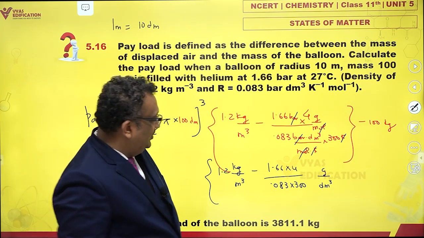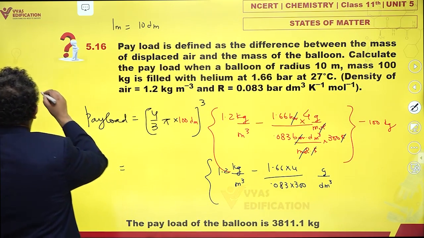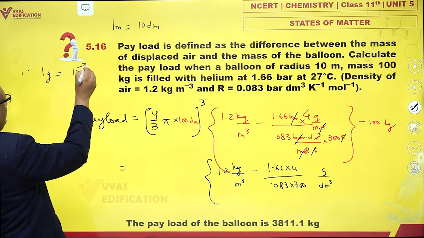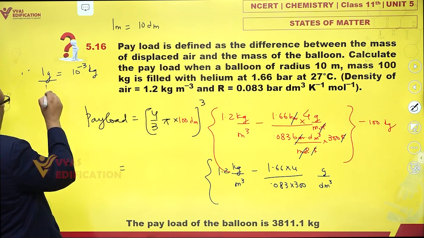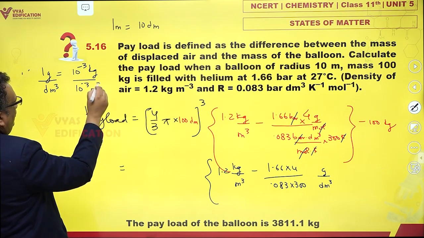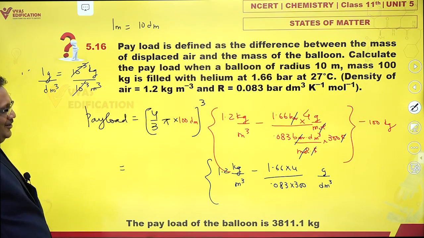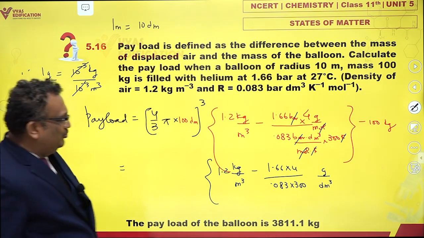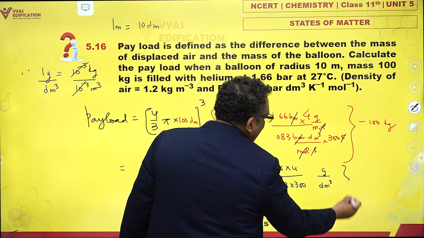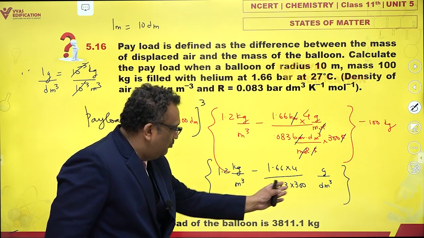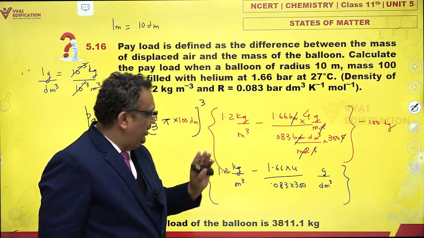Now 1 gram is 10 to the minus 3 kg, or decimeter cube is 10 to the minus 3 meter cube. So grams per decimeter cube is same as kg per meter cube. There is no difference. So they have same units. All I need to do is to multiply this and calculate this.